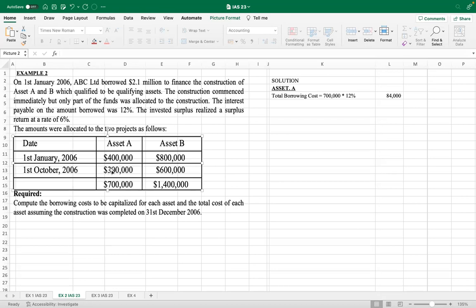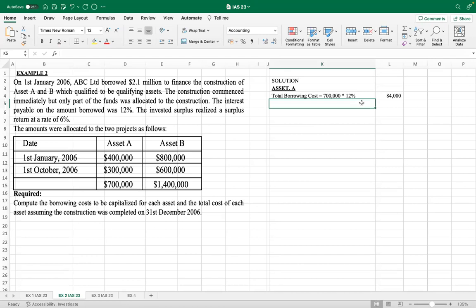Instead of leaving this amount idle in the bank, you need to invest this 300,000 until the day you will use it. Because you are using it on 1st October, you can invest it from 1st January to end of September. And we were told investment surplus realized is at a rate of 6%.